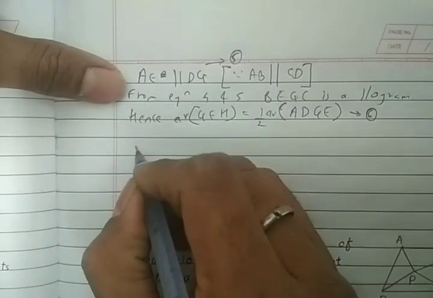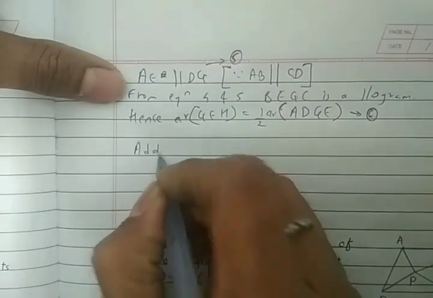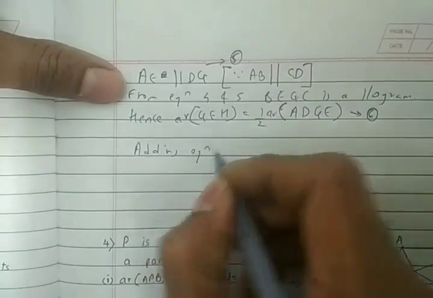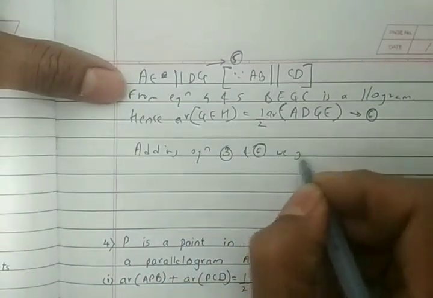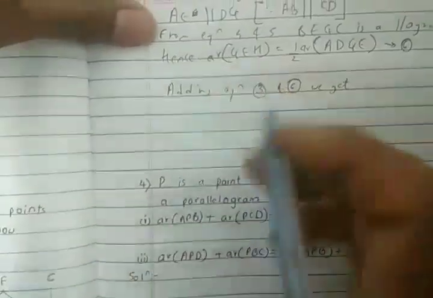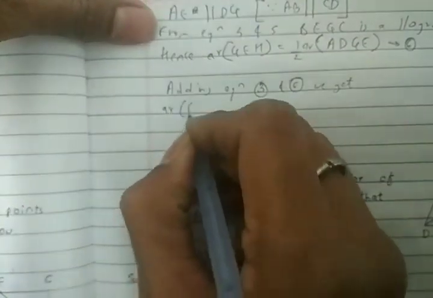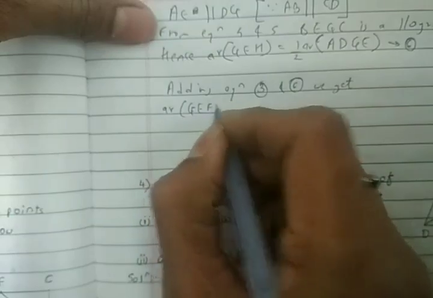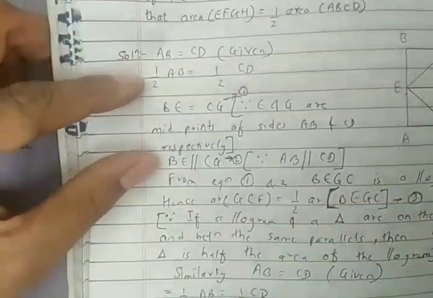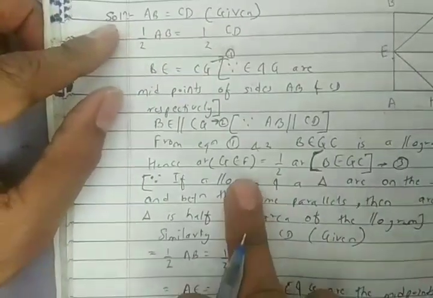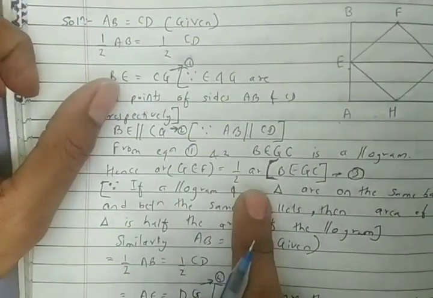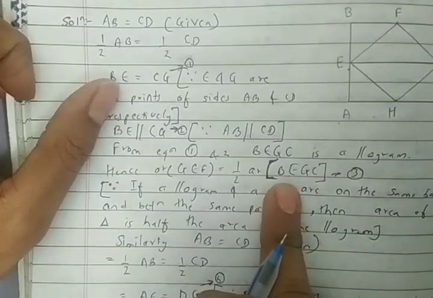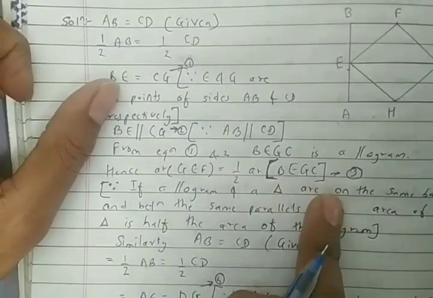Now when we add equation 3 and 6, adding equation 3 and 6, we get area of GEF. See, I'll show you which is equation number 3. See, this is equation number 3. GEF equal to half of area of parallelogram BEGC.